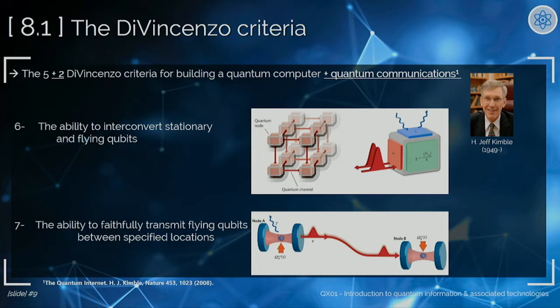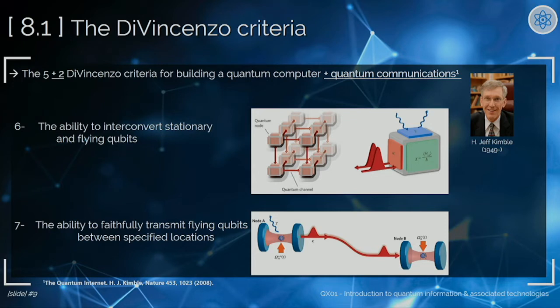So the idea is, how can I now convert the quantum information from this stationary location to a flying qubit, so photons, and then extract it more easily to go to perhaps another node, another simulator somewhere else. So you need what are called quantum transducers in order to transfer the quantum information from one system to another, most likely through photons.